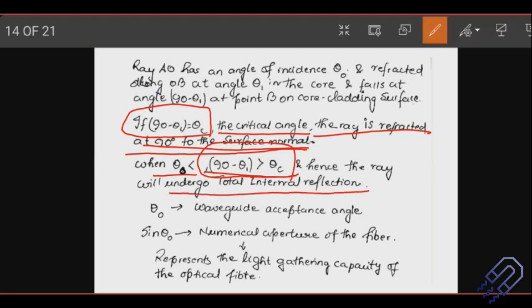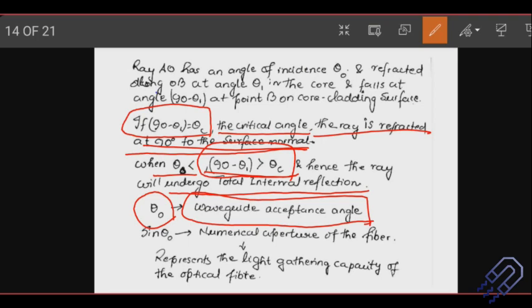Now this is something which you have to understand. This theta naught, that means the angle of incidence, will decide whether the ray of light can actually travel inside the waveguide. If theta naught can decide that, this will be defined as the waveguide acceptance angle. So you understand what the acceptance angle is now.